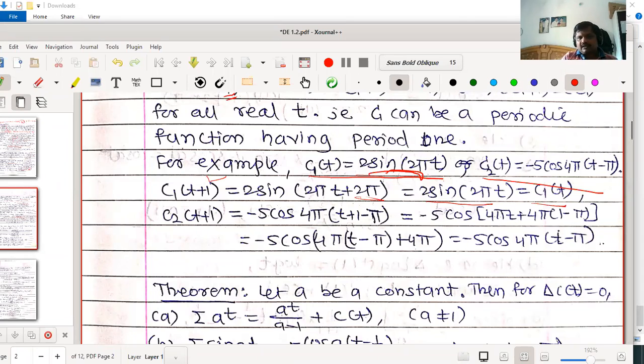So now कितने का difference है? 4 pi का. Again cos function is periodic with period 2 pi. If I add 4 pi in this angle, answer remains the same. So minus 5 cos of (4 pi into t minus pi) you will get again, which is c2(t). So c2(t) equals c2(t plus 1).